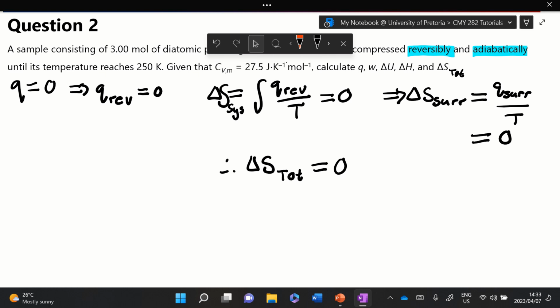So the concept of reversibly and adiabatically covers a bunch of things at the beginning. For a reversible adiabatic process, you have a bunch of changes that are 0. And it makes a lot of sense, because if a process is done reversibly, it means that there is no change in the disorder.